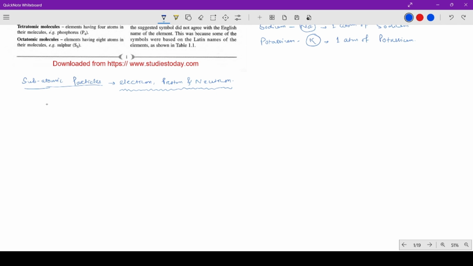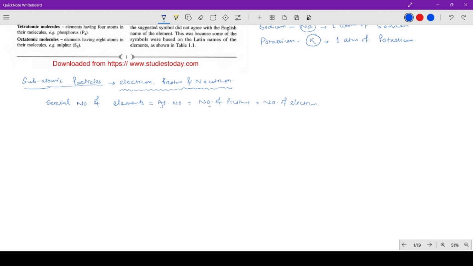In the periodic table you have seen the serial number of the elements. The serial number represents the atomic number, and the atomic number represents the number of protons, and the number of protons equals the number of electrons.